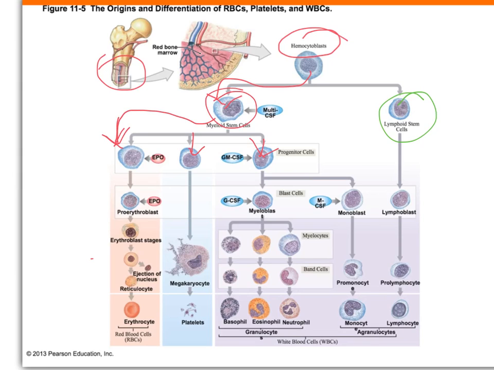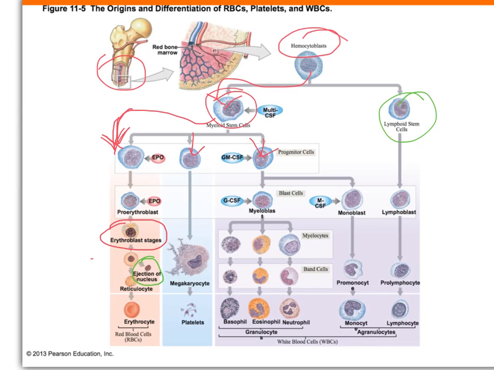Okay, so right now we're looking at those that will become red blood cells, and you can see that they become erythroblasts, which are immature red blood cells that are going to actively make the hemoglobin. After about 4 days, these maturing cells will eject the nucleus, as you can see here, circled in green. It's ejecting the nucleus because, remember, the role of the red blood cell is oxygen and carbon dioxide transport.